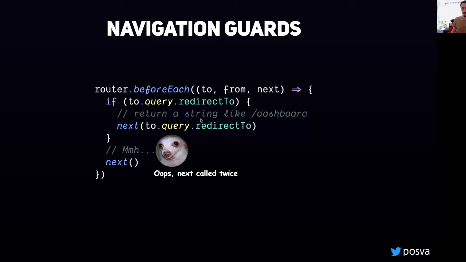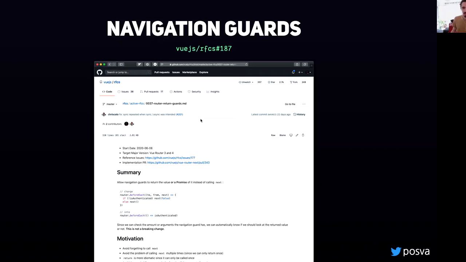Returning makes more sense. So in Vue Router 4, you can still use the next version, but you can omit the parameter on the function for navigation guards, and it will work. And probably, I think, maybe in future versions, we will only support returning instead of a next callback. But in Vue Router 4, you can use both. And there is an RFC again, so you can check more about it in the RFC.